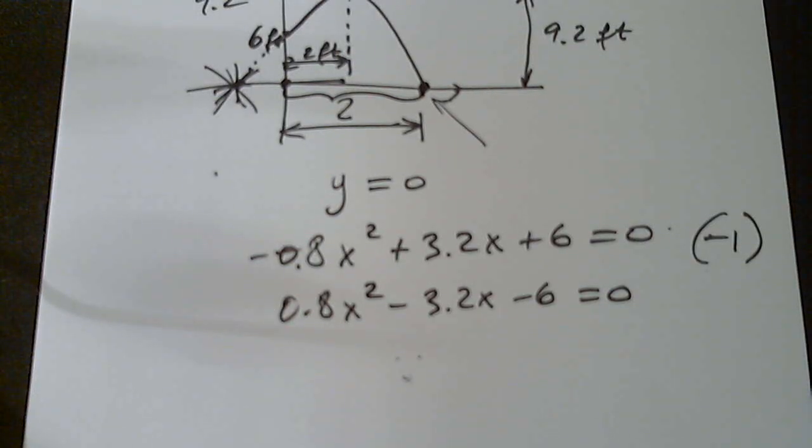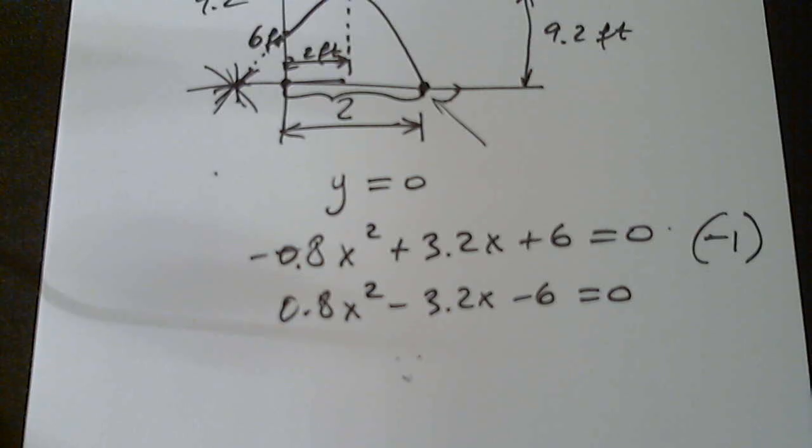If your calculator doesn't have this feature, please borrow a calculator from the testing center for the duration of your test. Click on apps, click on 9. The degree is 2. Yes, move on, enter. 0.8, negative 3.2, and negative 6.